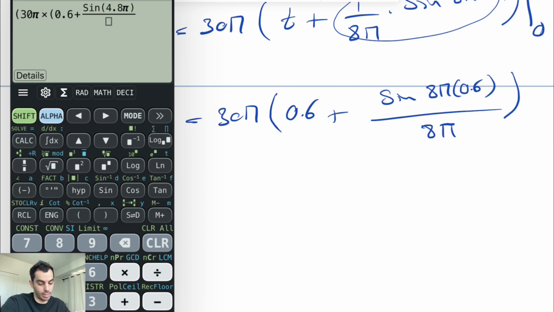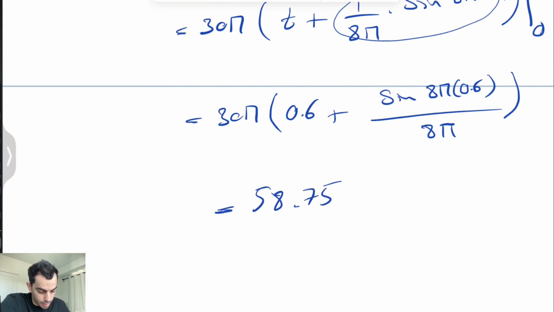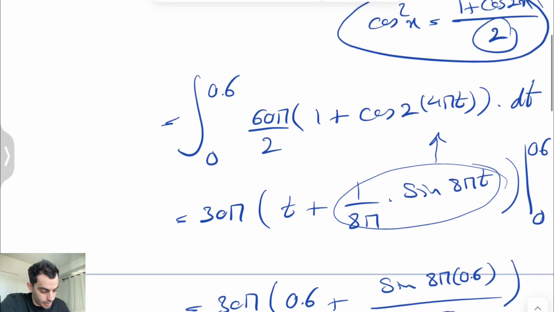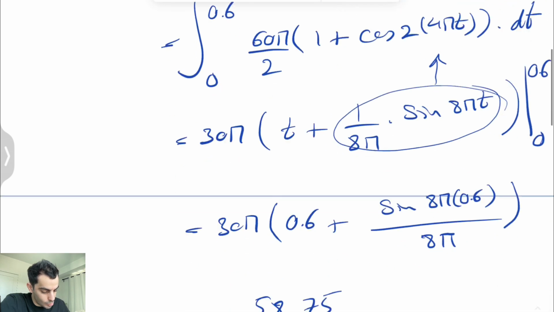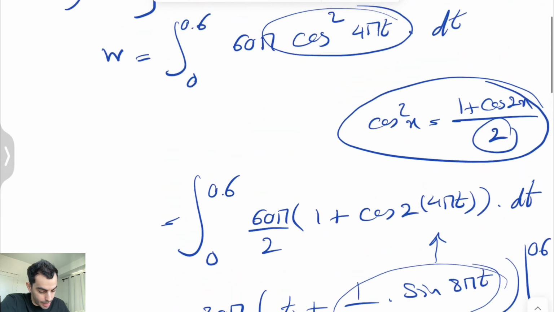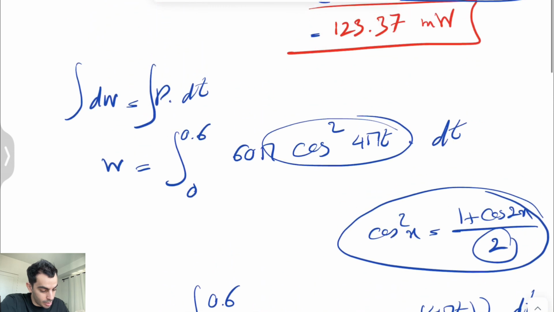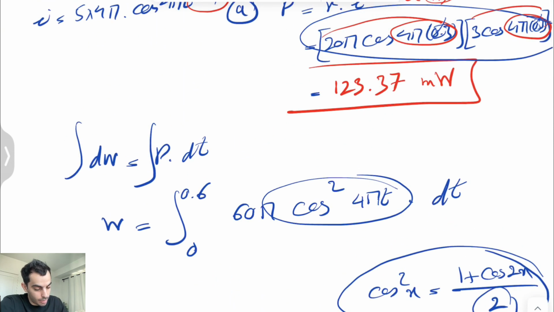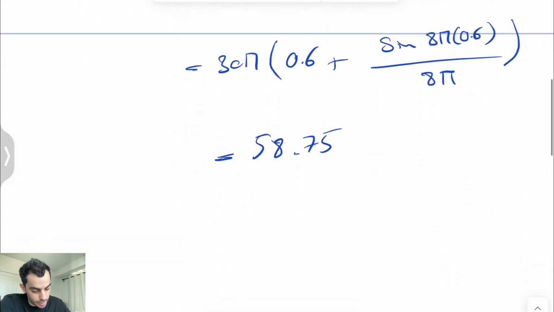Again, make sure that your calculator is set to radian. And yeah, that's going to be the final answer, 58.75. And if you just want to double check the units that we have in here, we had the power in milliwatt, and time is in seconds, so that's going to give us the energy in millijoule.